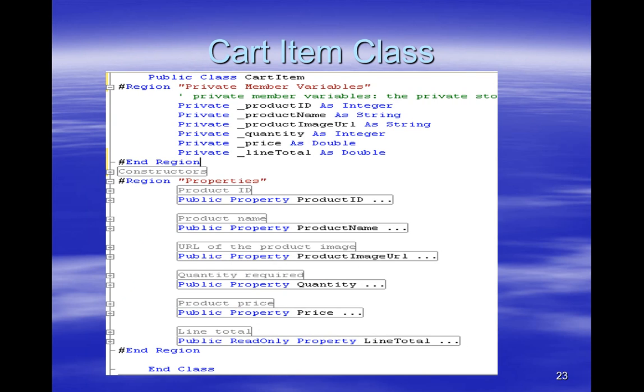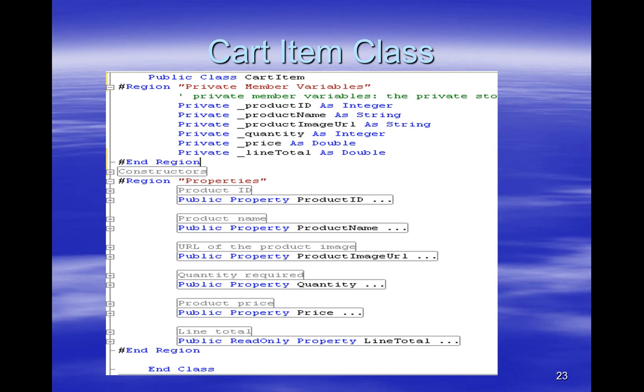This is the cart item class. From here you can see the cart item class consists of private member variables, such as product ID, product name, and product image URL, which is usually equivalent to the product image name.